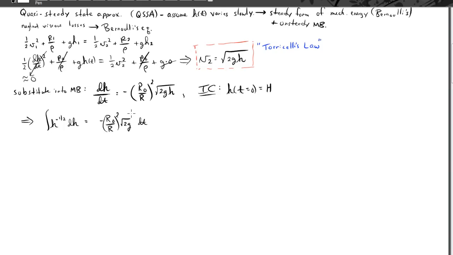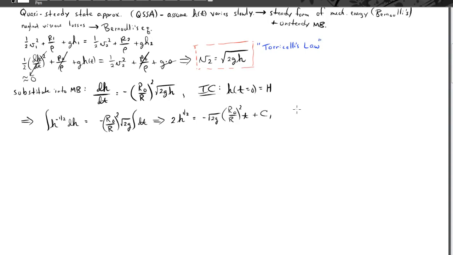We can then integrate both sides. Integral of h to the minus 1/2 is 2h to the 1/2. And that's equal to minus square root of 2g, r0 over R, quantity squared, times time, plus an integration constant we'll call c1.